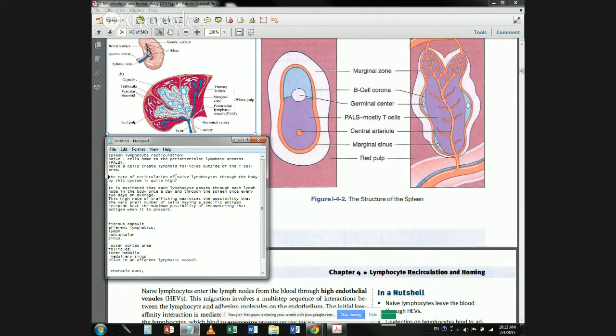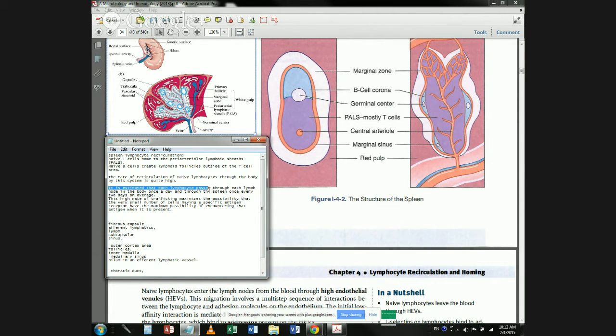It is very high. So they're constantly moving around. They keep leaving the blood, entering the lymph node, these PALs and germinal centers, and then they go back into the blood through these little venules and into the main and portal circulation, or through the efferent lymphatics. Well, actually, probably not efferent lymphatics, some other venule.